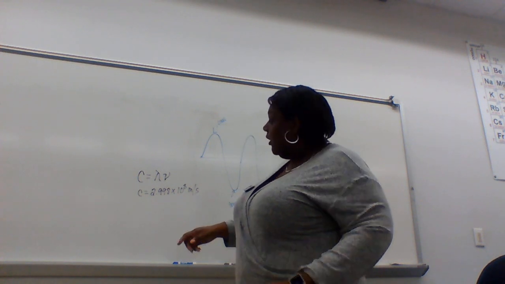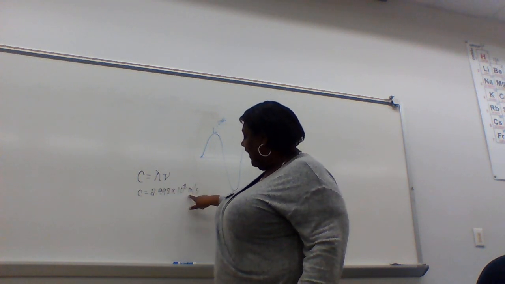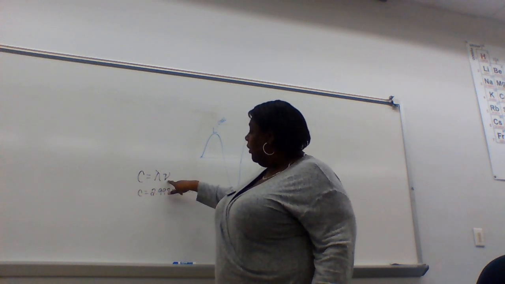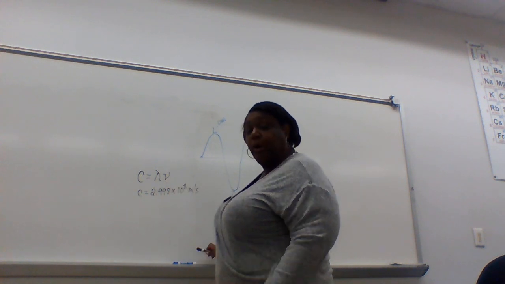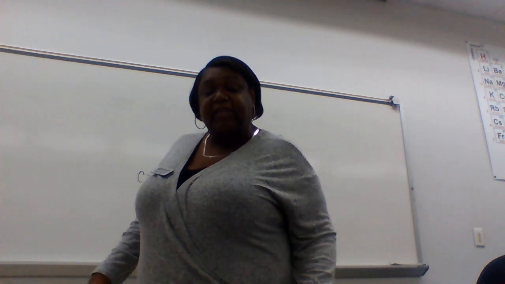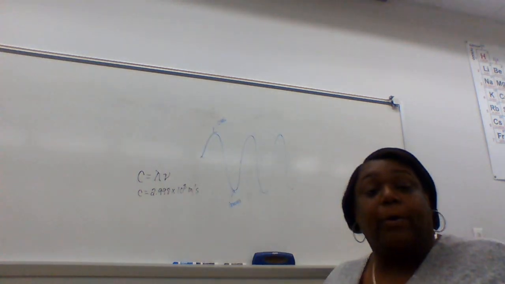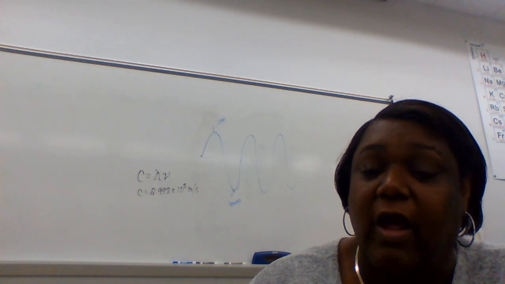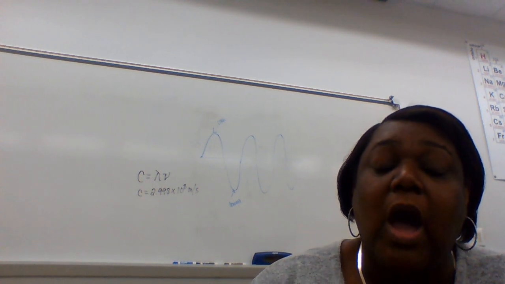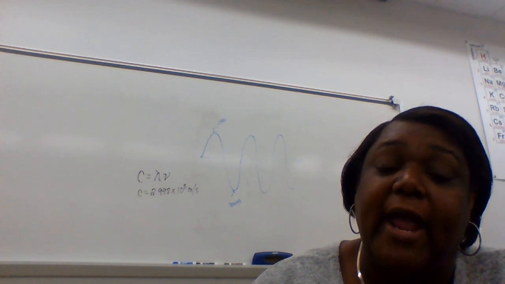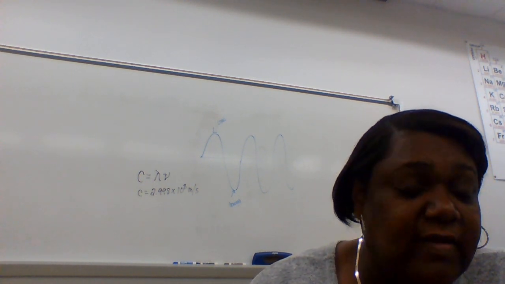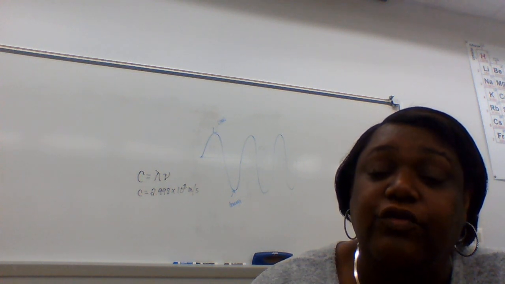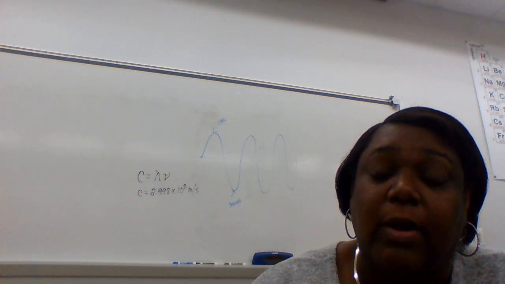And so again, remember, your wavelength has to be given in meters. Your frequency has to be given in per seconds or hertz. If it's not given in meters or per seconds or hertz, you have to do a conversion before you can solve any of the problems there. So if I give you a wavelength and it's not given with the units of meters, you have to do a conversion to solve that problem.